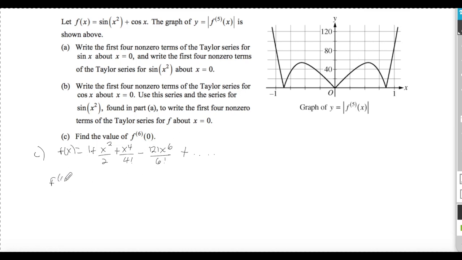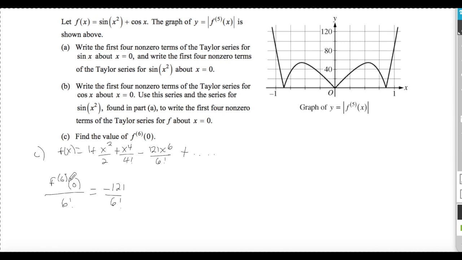What do we know? We know that the 6th derivative of f at 0 divided by 6 factorial is going to give us these numbers that we see here in front of the x to the 6. So it's going to give us negative 121 over 6 factorial.